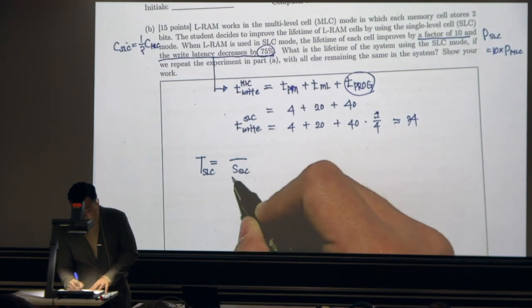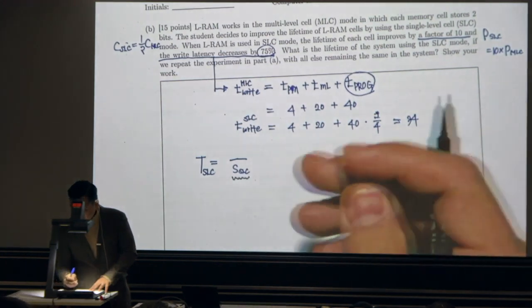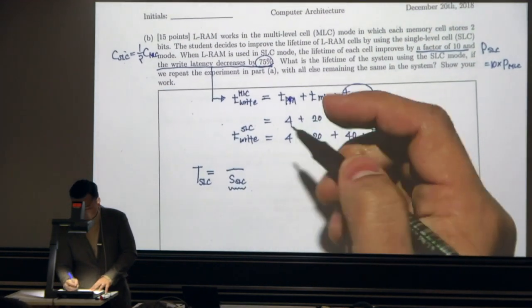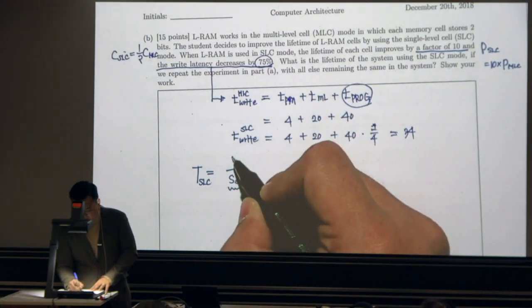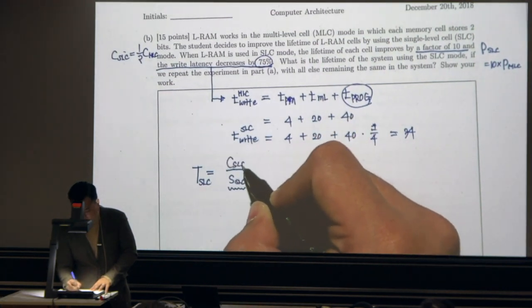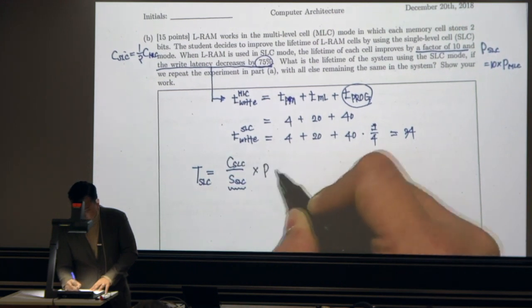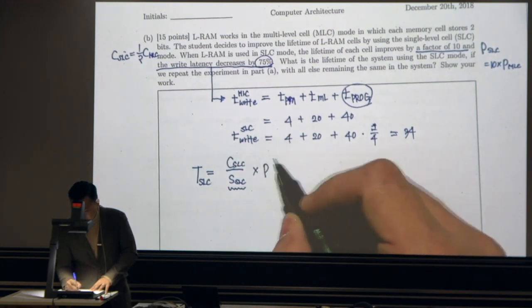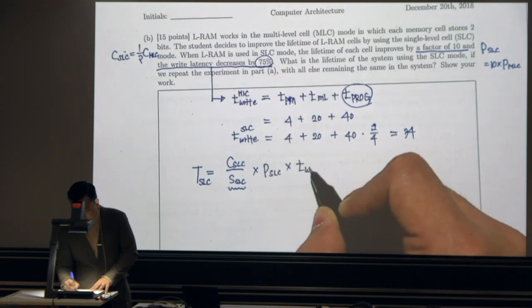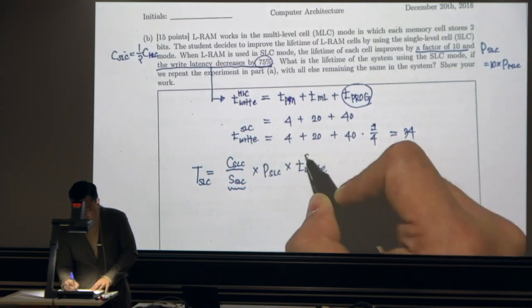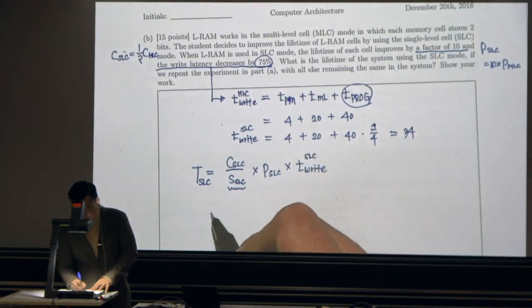And for SLC, the request size is not changed, so we can use the same value for this, and the capacity of SLC, the limited program cycle of SLC, and T write for SLC.